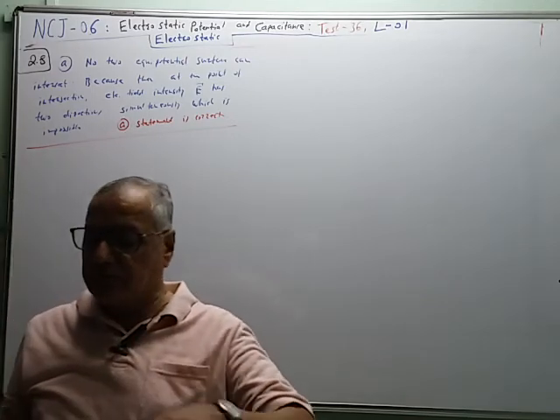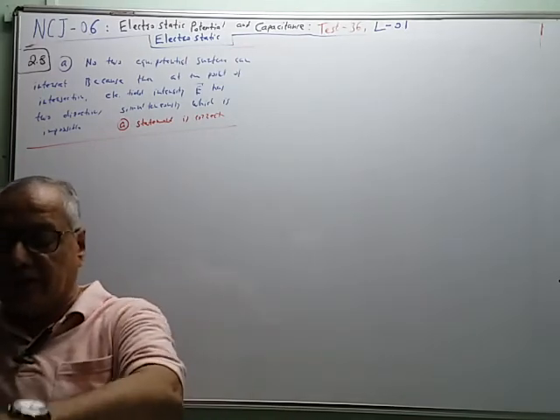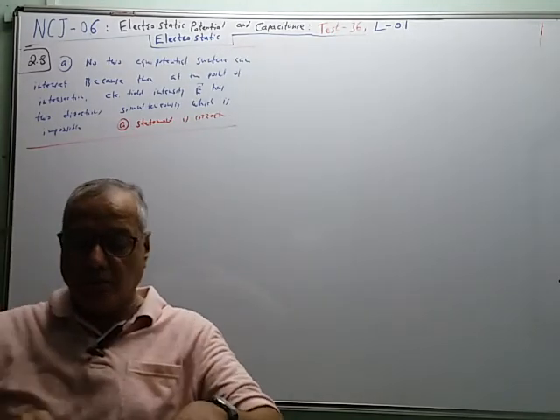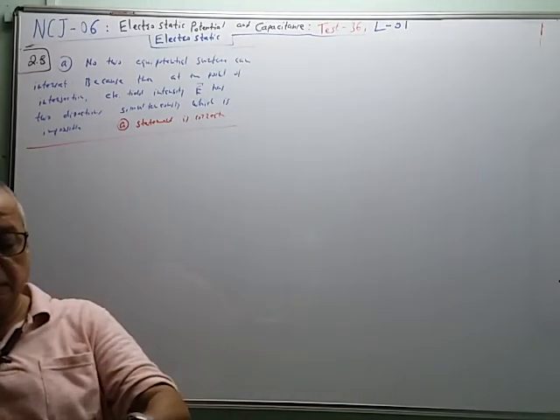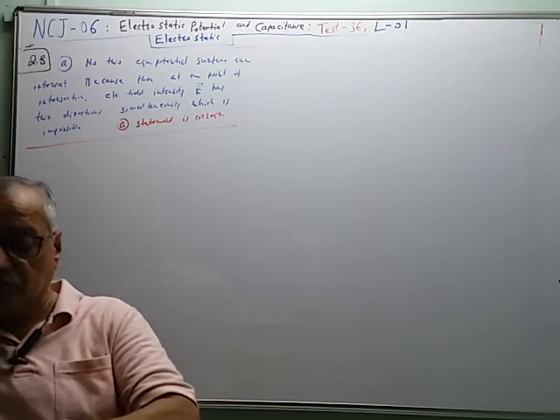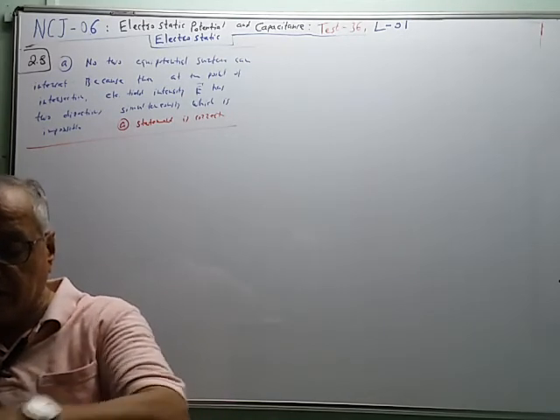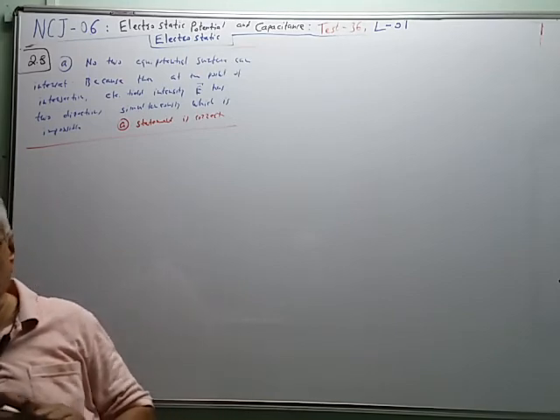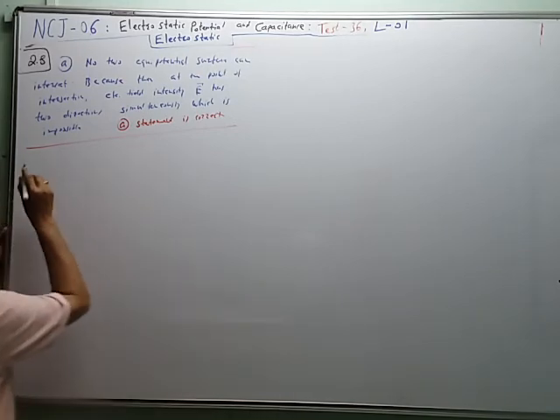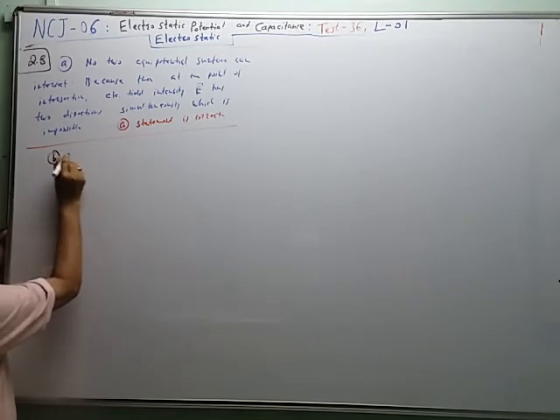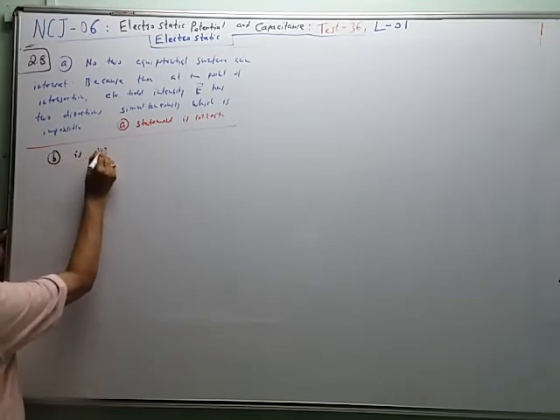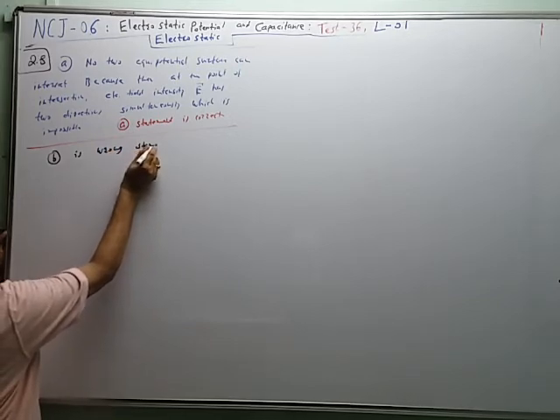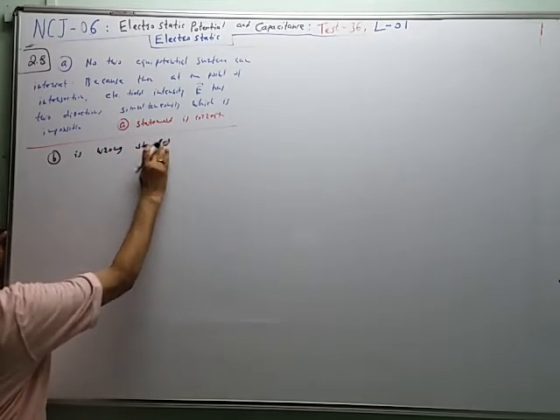Now B statement. But to select the wrong statement. B. A charged particle free to move in an electric field shall always move in the direction of E. B is the wrong statement.